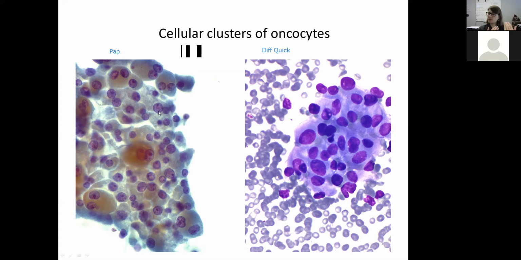So we use both the Diff-Quick and the PAP in conjunction to tell the characteristics of the cytoplasm and the nucleus, which may manifest differently on the two stains. So the PAP is a better nuclear stain. Again, you can see that just based on the fact that you can see very nicely these prominent nucleoli, whereas in the other one that was a little more difficult. So just a reminder of the PAP versus the Diff-Quick.